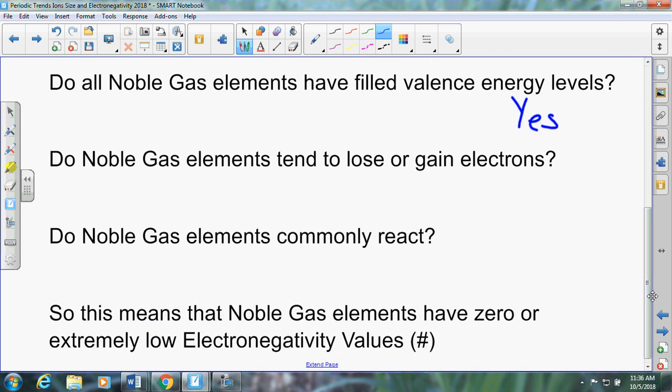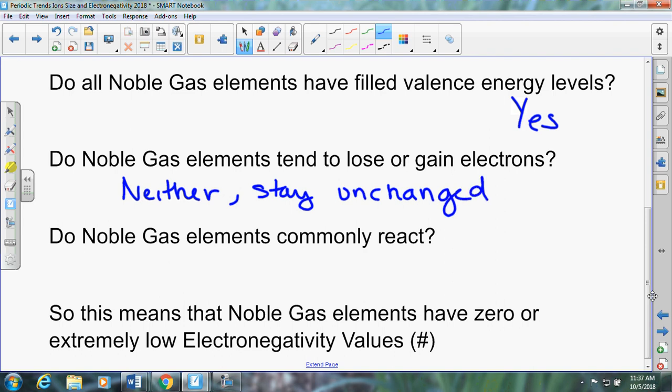Next question. Do noble gas elements tend to lose or gain electrons? The answer is neither. They don't lose, they don't gain, they stay as they are. Because they stay unchanged, we might say they stay neutral.